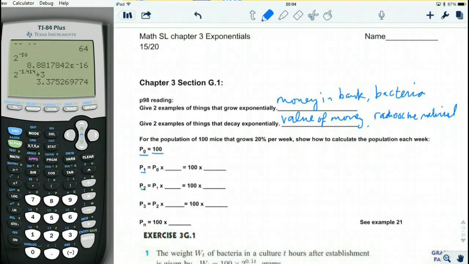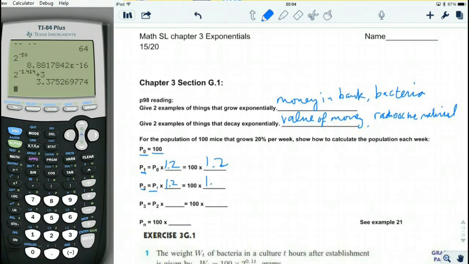And at the end of the first week, we should say that it would be the initial population times 1.2. Okay, and that would be 100 times 1.2. And then the second week would be the first week's population times 1.2.